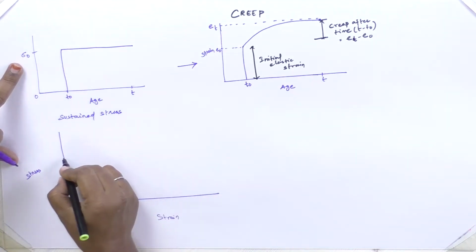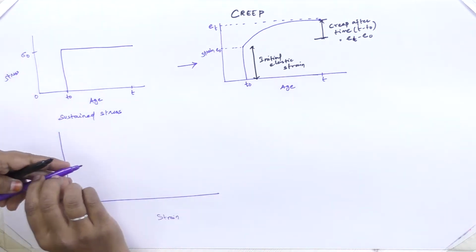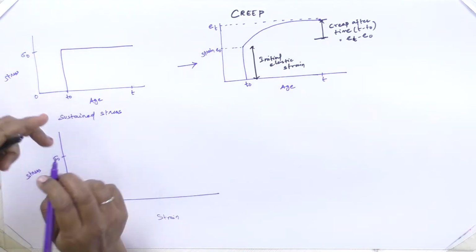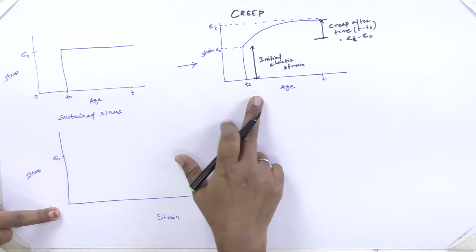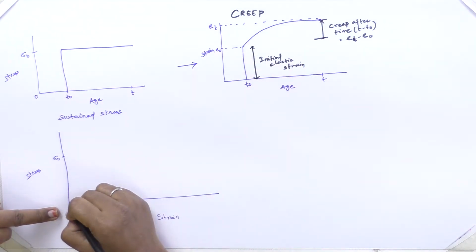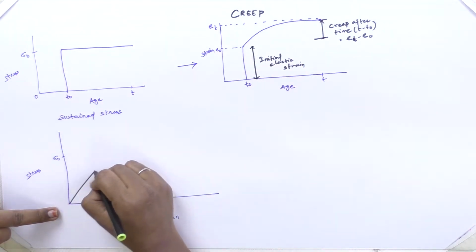Because of this sigma naught, I will be getting this initial elastic strain, so that I am plotting here.